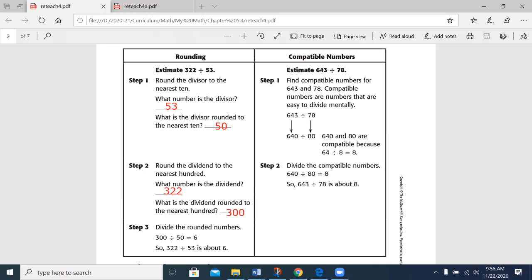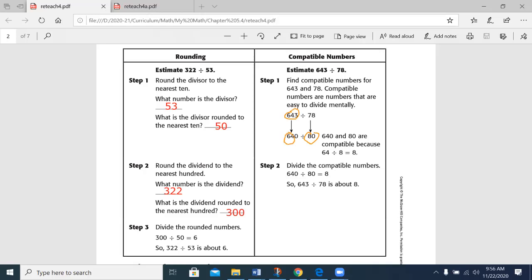The other way is compatible numbers. And I have this one here, 643 divided by 78. What I recommend, and I've seen the book used, is you first round this close to a tens place. And this one's 80. Then I look at that first digit, and then I look at this first digit, which is also the first digit here.